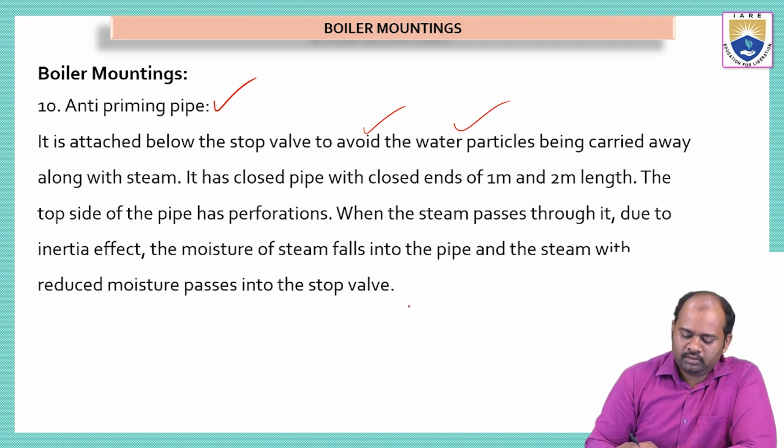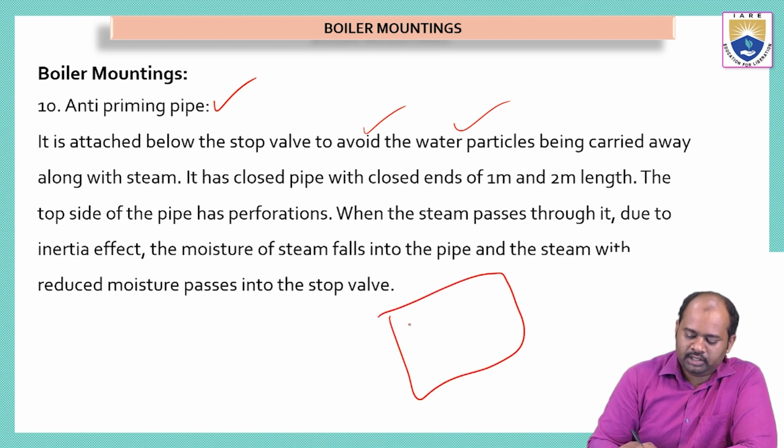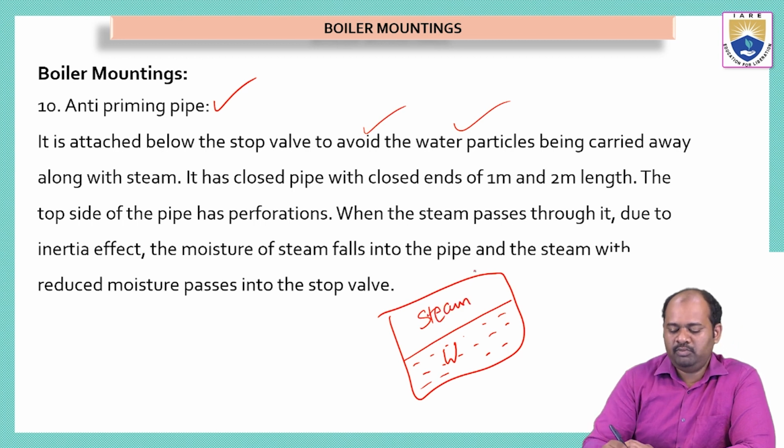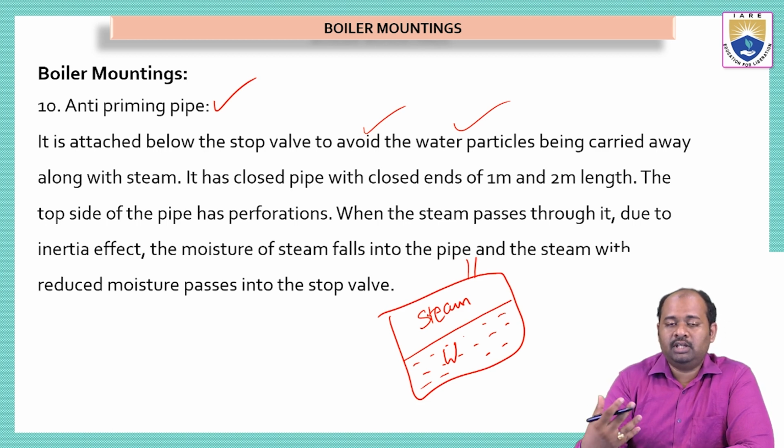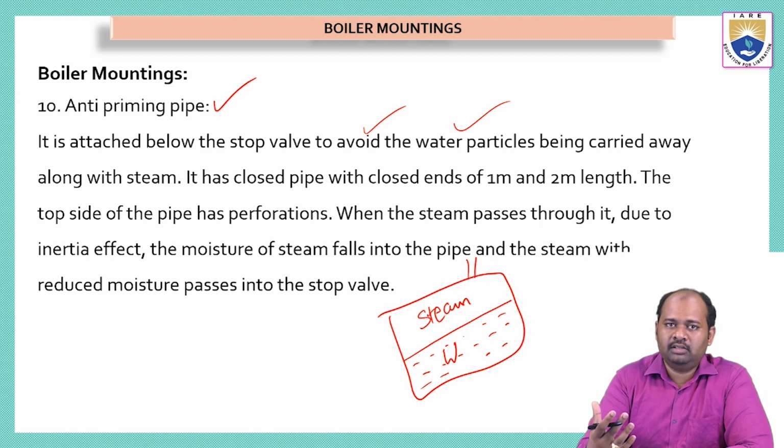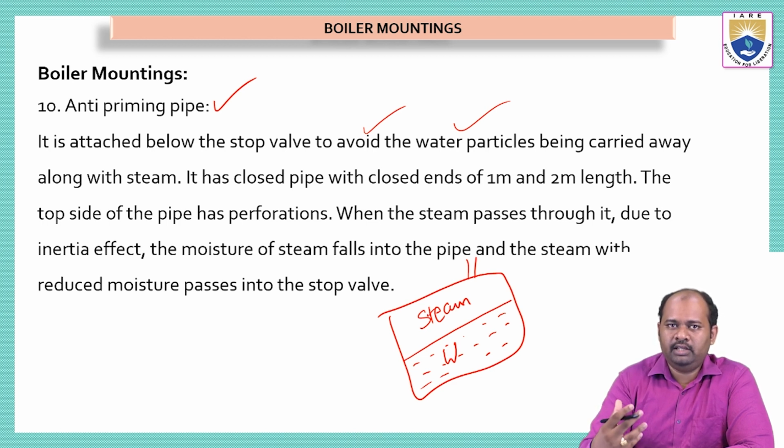Because we have a tank inside which water is there. Now when this water is boiled, it will produce steam. This is water and this is steam. Now when the steam is taken out of the tank with the help of a valve, the steam will carry out some of the water particles or moisture out of the tank, which is not required, because we want to produce a clear steam or a superheated steam which does not contain any moisture.